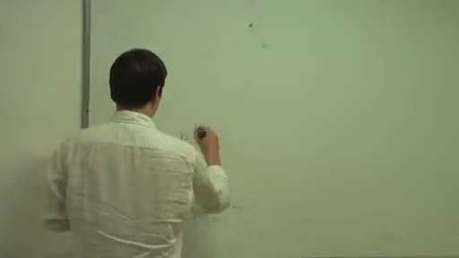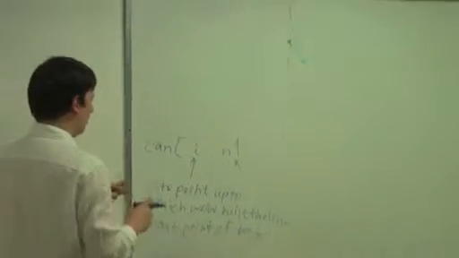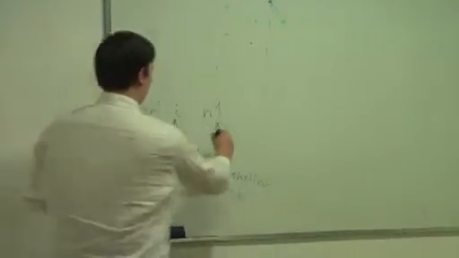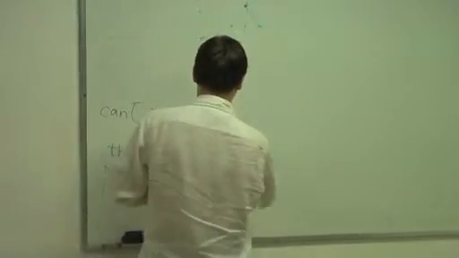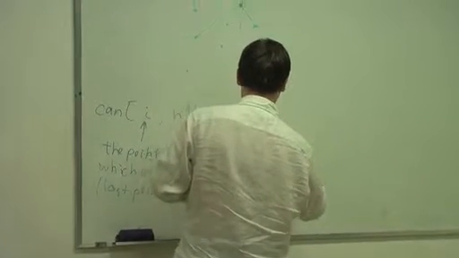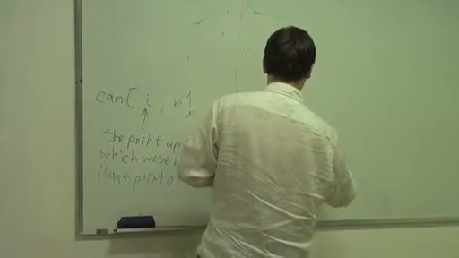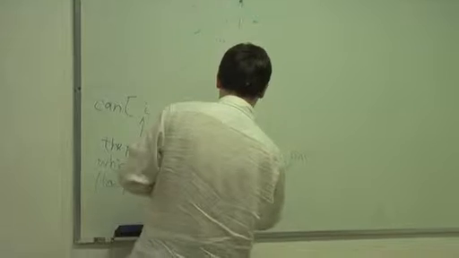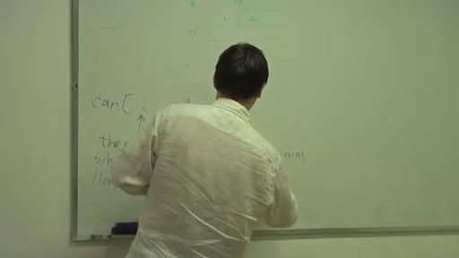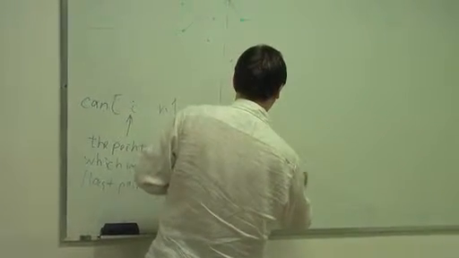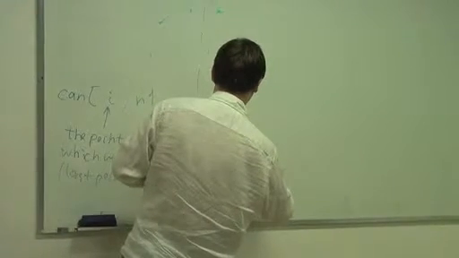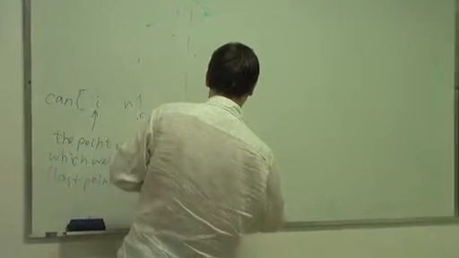Then N1 is how many points with numbers less than I are above the border.